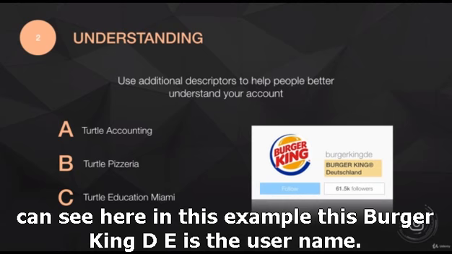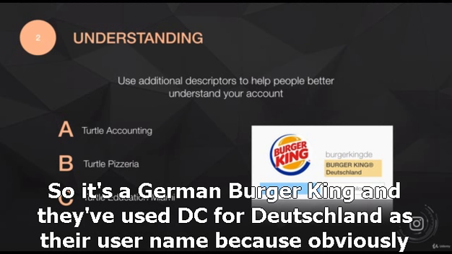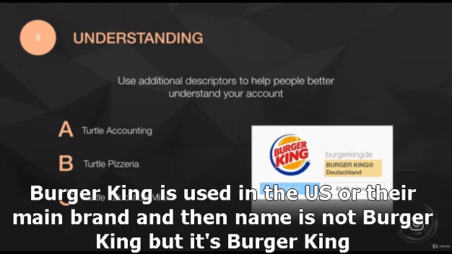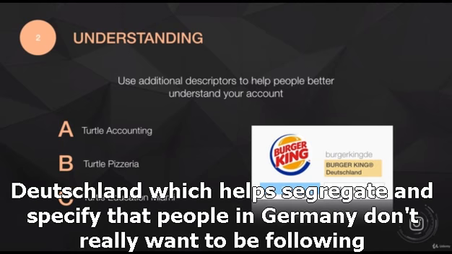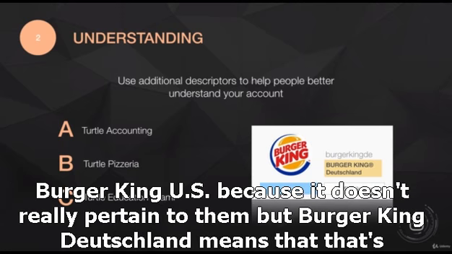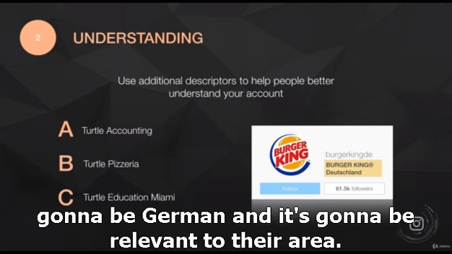So you can see here in this example, there's Burger King DE is the username. So it's a German Burger King, and they've used DE for Deutschland as their username because obviously Burger King is used in the US or their main brand, and their name is not Burger King, but it's Burger King Deutschland, which helps segregate and specify that people in Germany don't really want to be following Burger King US because it doesn't really pertain to them, but Burger King Deutschland means that it's going to be in German and it's going to be relevant to their area.